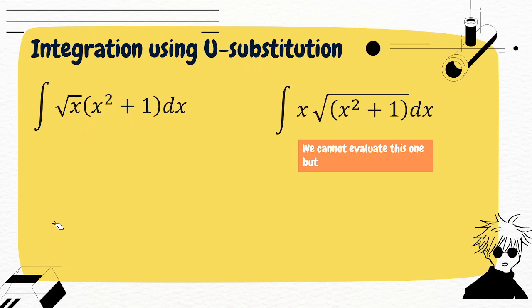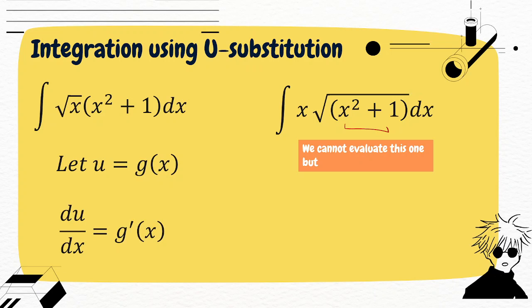Now, for this example, let's say we let u be equal to g of x. If we take the derivative of the left side and the right side, we get du over dx is equal to g prime of x. The derivative of u is du over dx, and the derivative of g of x is g prime x.